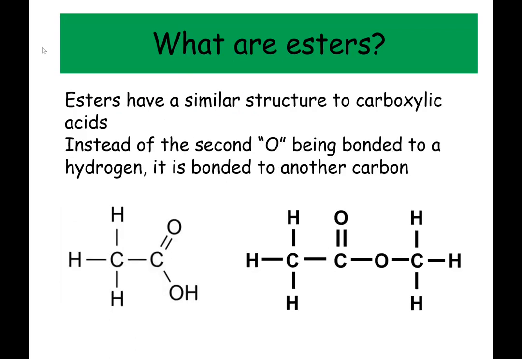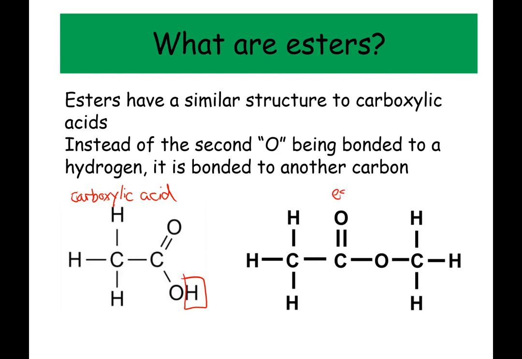Okay, esters look a little bit like carboxylic acids do. However, instead of the second oxygen being bonded to a hydrogen, it's bonded to another carbon. So this is an example of a carboxylic acid, where the second O is bonded to a hydrogen atom.